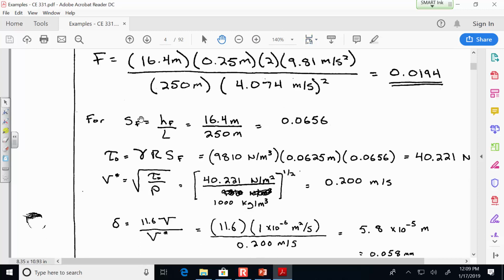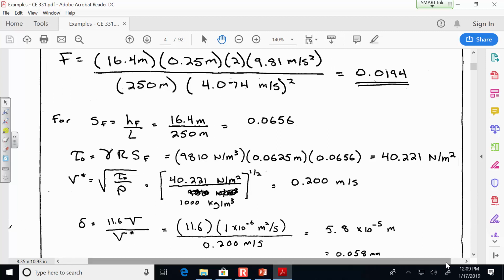So the slope of the energy grade line is the head loss relative to the pipe length. And so here we've got the slope of the energy grade line as a fraction, and if we substitute that into the shear stress equation, we can find that the shear stress is about 40.2 newtons per meter squared. Did everybody get that for the shear stress? Yep. Okay.